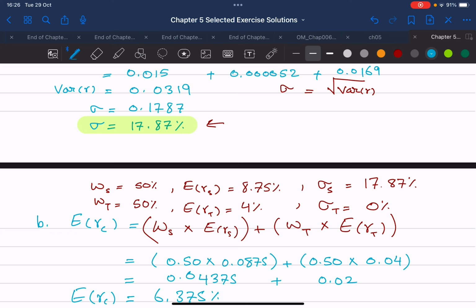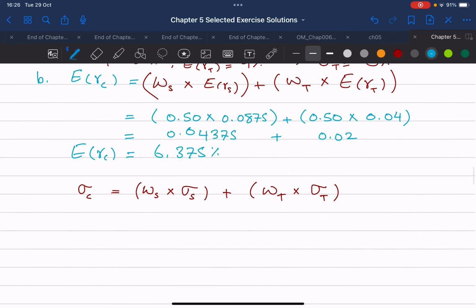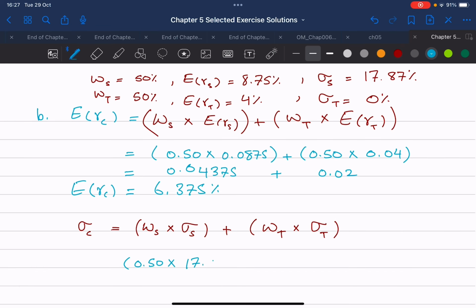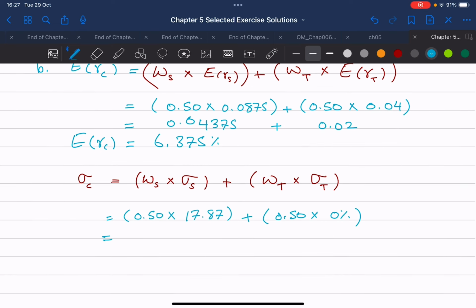So knowing that piece of information and going back to our formula, the weight of the stock component is 0.50 multiplied by 17.87 plus 0.50 multiplied by 0% equals, meaning that this part of the calculation is all going to go away, right?